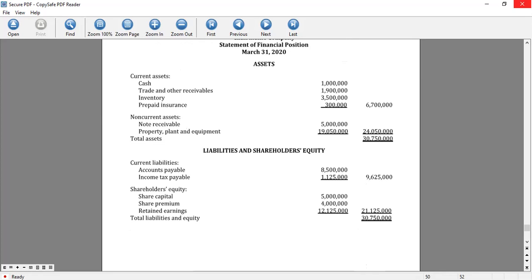Now, the total assets equals 30,750,000. We continue with current liabilities: accounts payable of 8,500,000 given. Then we have income tax payable computed in the income statement.